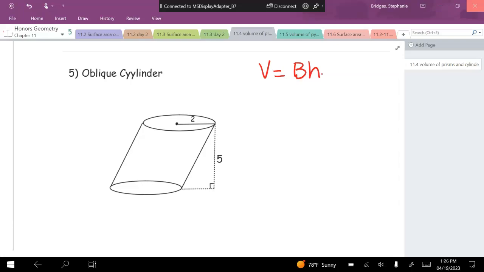This formula does not change whether it's a right cylinder or an oblique cylinder. It's still the area of the base times the height of the cylinder. It's just your height of an oblique cylinder is in a different position than the right cylinder. That's all.